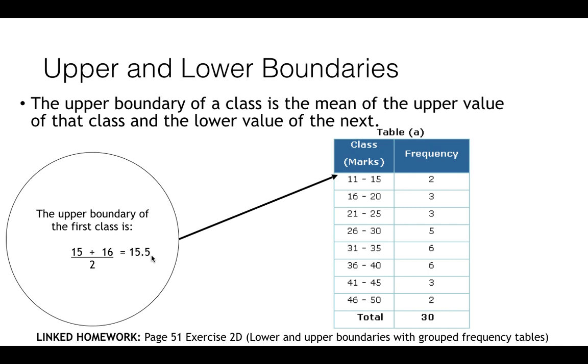So that's when it's important to be careful with your upper boundary, if the upper boundary of the first class and the lower boundary of the second class are different. And obviously you'd go on and calculate the upper boundaries of all of your classes until you get to the end here, where the upper boundary is just this number, because there's nothing to average it with.